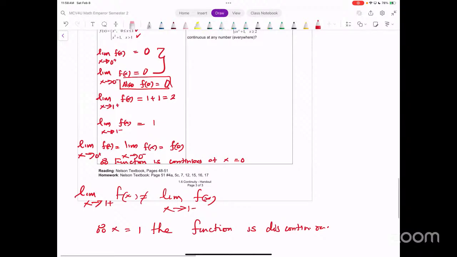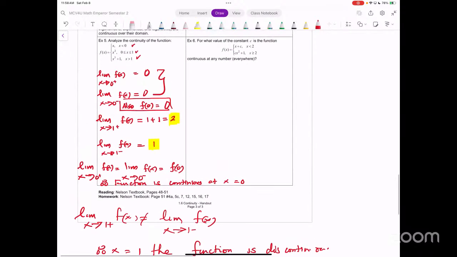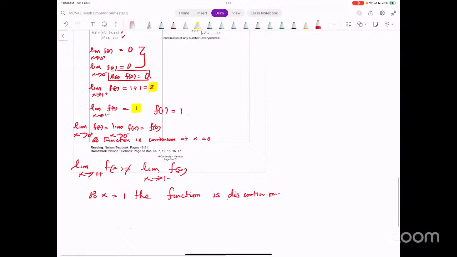If you look at it at 1, you got 2, you got 1, isn't it? What is f at 1? If you really find f at 1, it's going to be 1, isn't it? Limit on both sides exists, but f at 1 gets a different value. What kind of discontinuity? Limit exists, left side, right side, but the function is also defined at x equal to 1. What is that? Jump discontinuity. Makes sense?